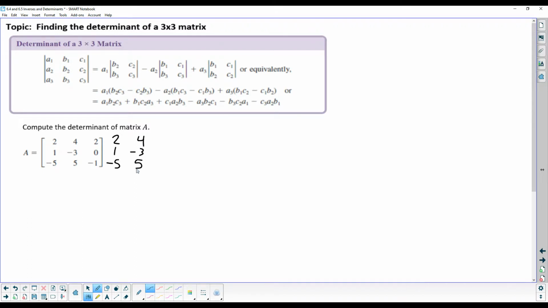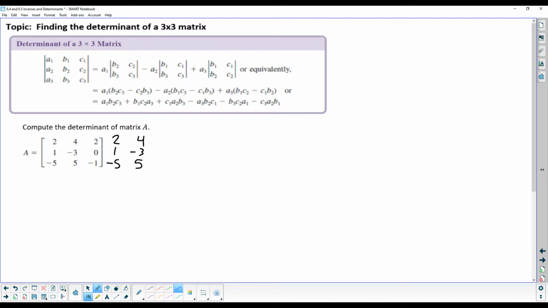You don't need to repeat that one. Just in order, start repeating the matrix. Repeat that column, repeat that column. Okay, now we can do diagonals. There are a lot of diagonals, but it's still easier than figuring out what that's saying.